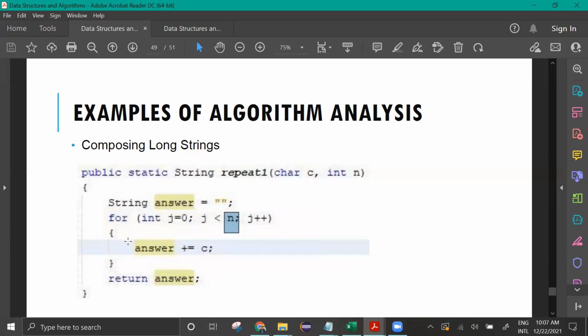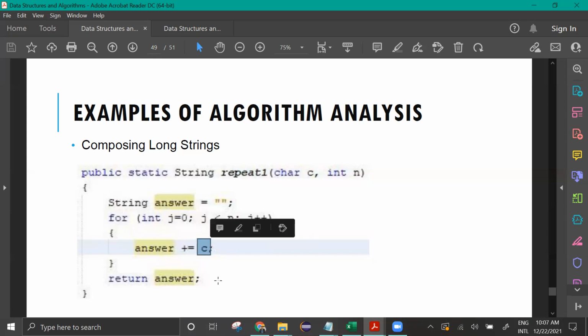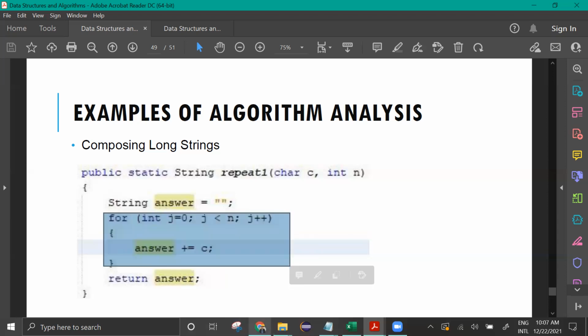Then this answer variable, the string, we append C one at a time, right?